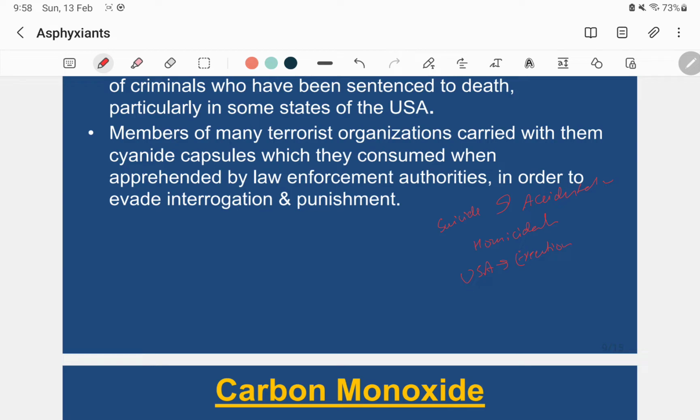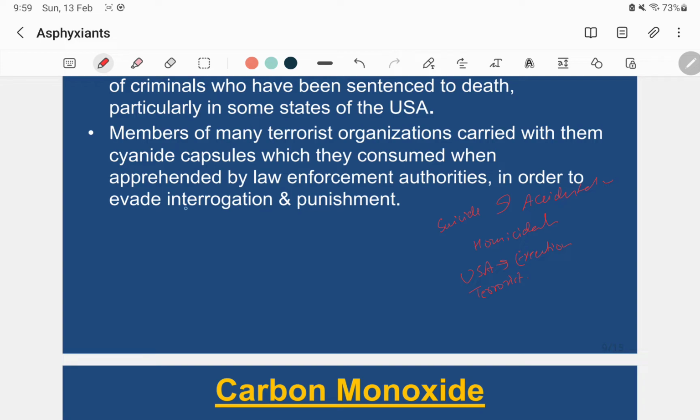And then terrorists, what do these terrorists do? Whenever they get caught while performing any kind of terrorist activity, like planning to bomb the whole city, if they get caught by law enforcement, of course they are going to be interrogated.